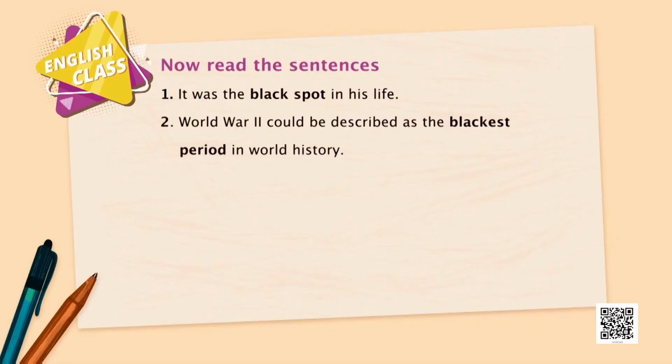What does the color black generally refer to? It's darkness, suffering, sadness, scary. Now read the following sentences again. It was the black spot in his life. World War II could be described as the blackest period in world history.